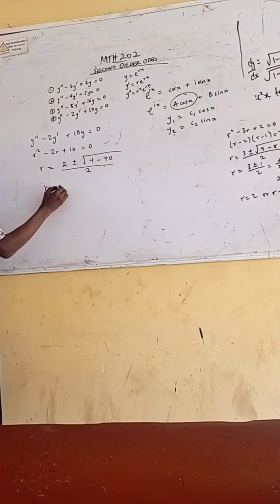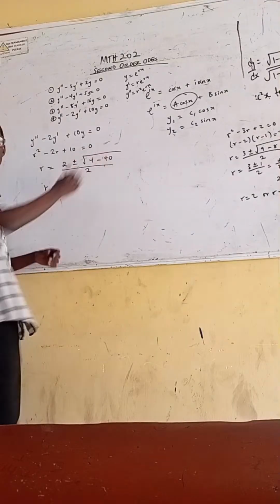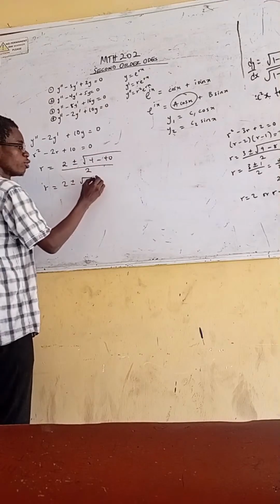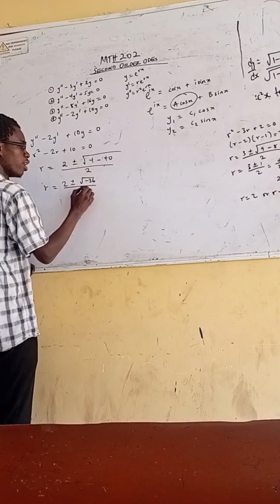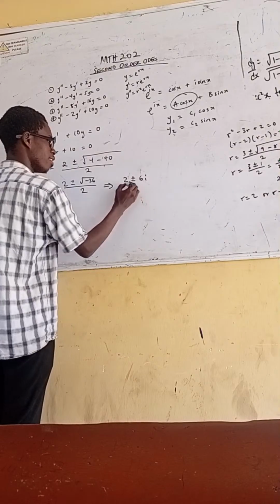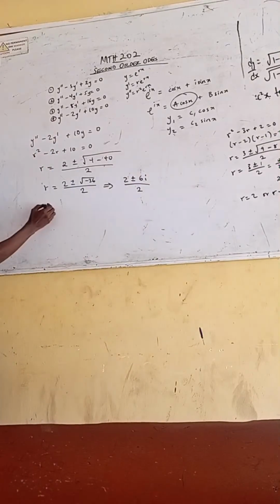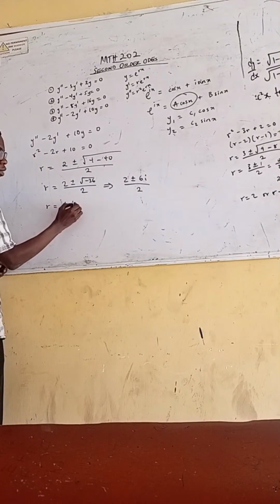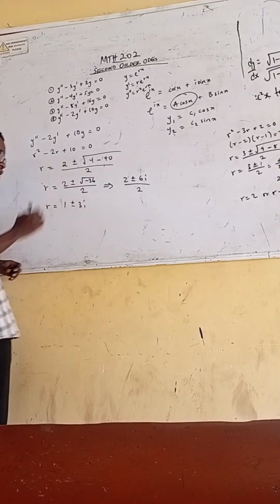So 2 plus or minus square root of minus 36 over 2. This will give us 2 plus or minus 6i over 2. So we have r equals 1 plus or minus 3i.